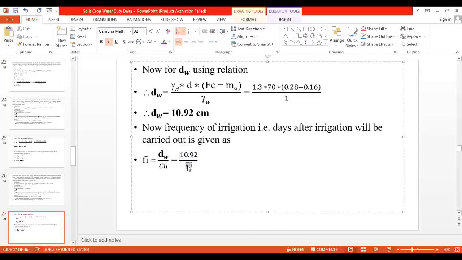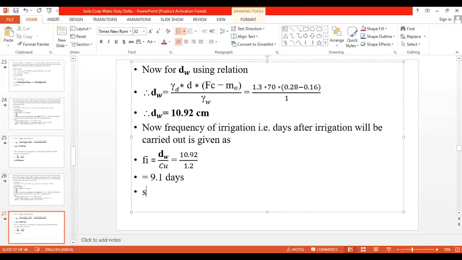Consumptive use they have given us, that is 1.2 centimeters per day. It gives us a value for frequency of irrigation as 10.92 upon 1.2, that is 9.1 days. It means that we will go for irrigation after 9 days.